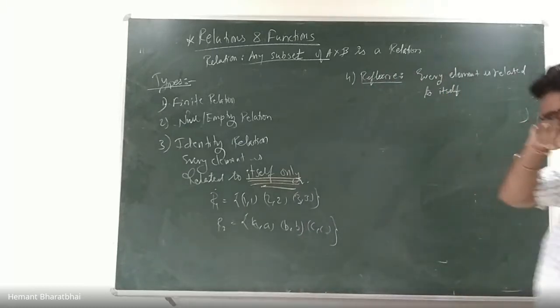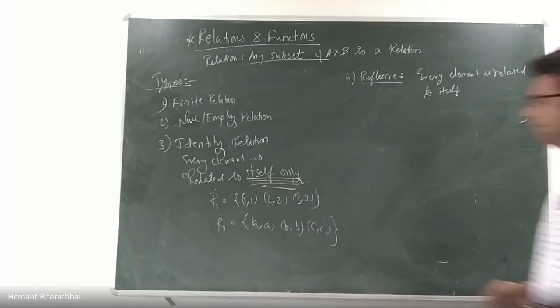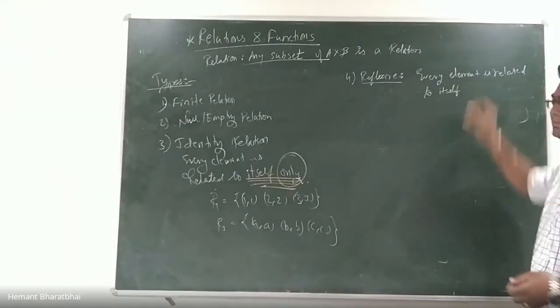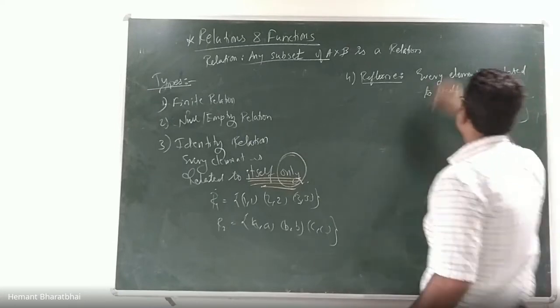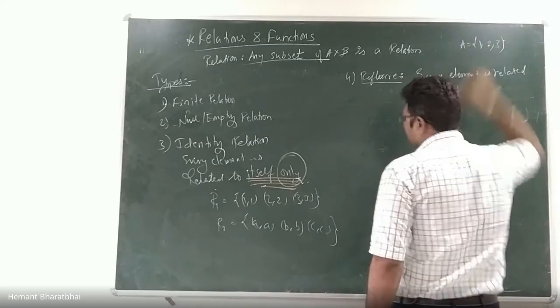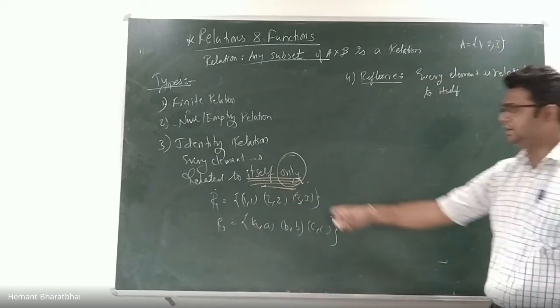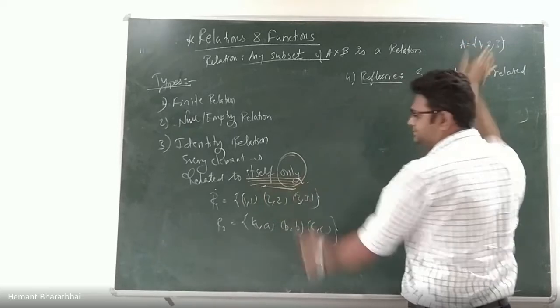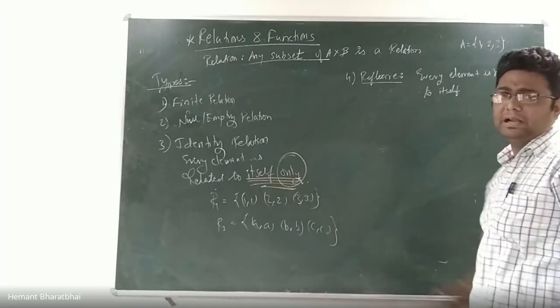See, very important. I've used the word "only" over here, and that word I'm not using. Suppose I have set A, having the elements 1, 2, and 3. So in that context, you can see every element of this set A is related to itself. So it is an identity relation.